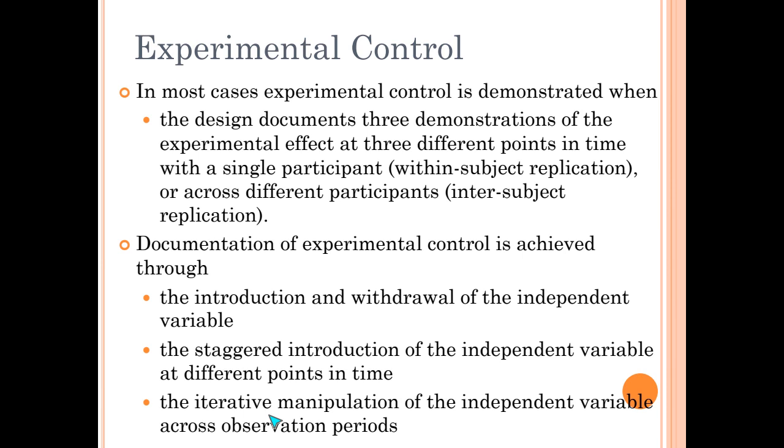We can also put the independent variable on and off across observation periods, or we can have 2 different independent variables. Sometimes the participant is exposed to type A, and sometimes to the alternative option type B. That is called iterative manipulation of the independent variable, and we can also do that multiple times and then have a design that tracks that performance.